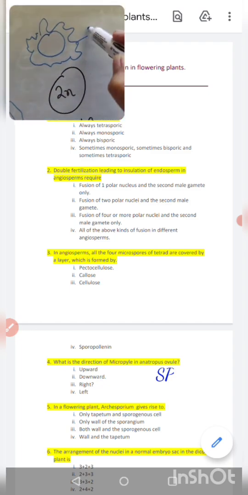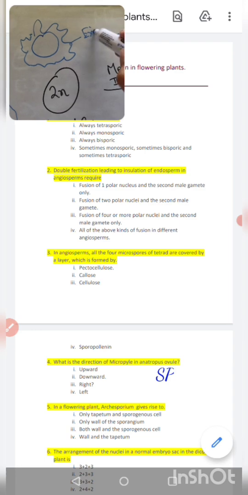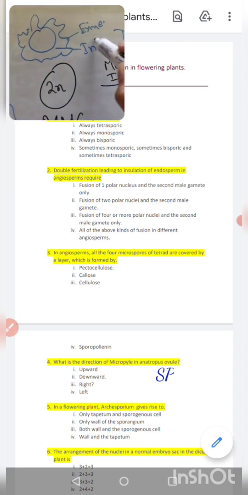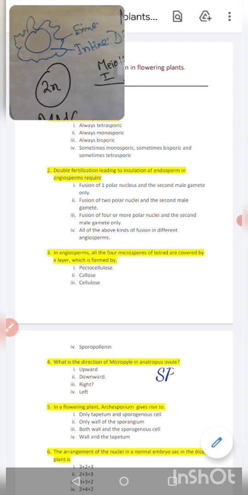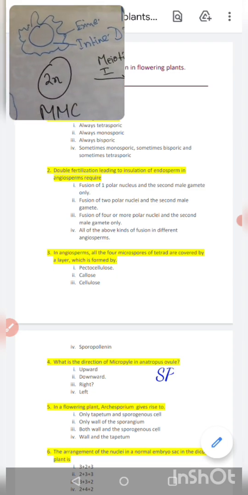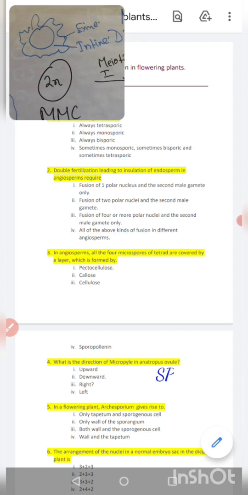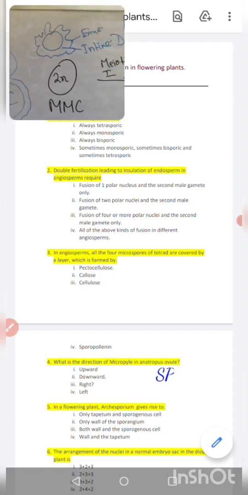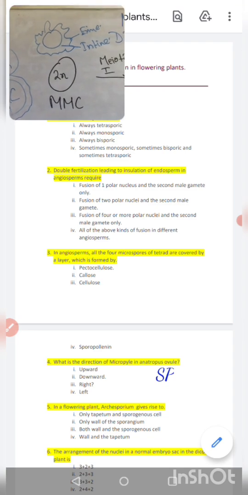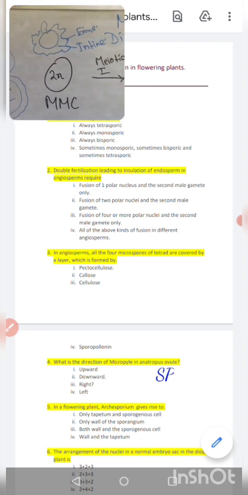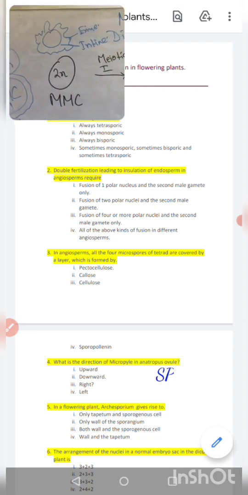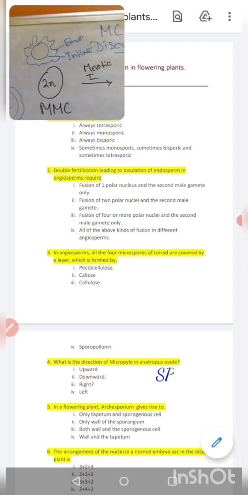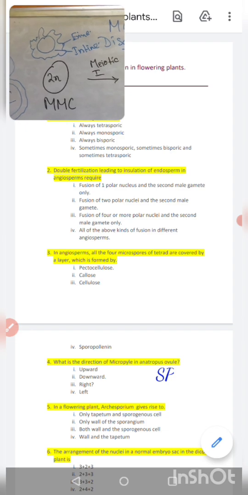Because the outer layer consists of the exine. The outer layer is known as the exine and the inner soft layer is called the intine. These exine, student, are very tough and give protection to the pollen grains. As you know, pollen grains are subjected to a lot of environmental changes, so this exine gives more protection to the pollen grains, to retain their viability for a longer period of time.